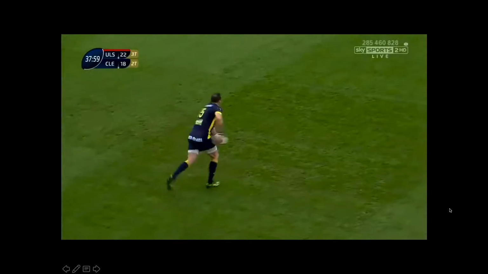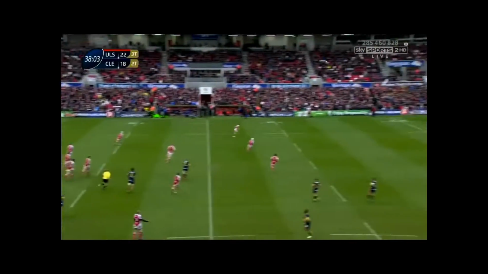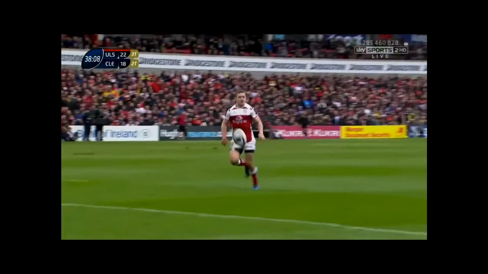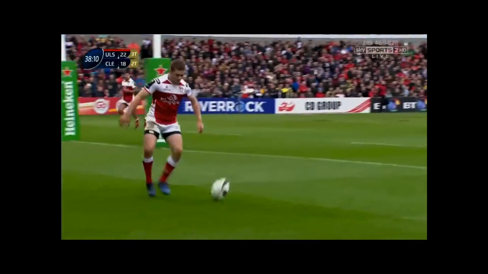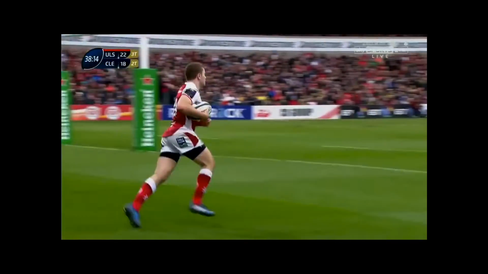Okay, here's another example around the dead ball line. And we'll get a good shot of this on the replay as well. But note that the player plays the ball before it crosses the dead ball line.